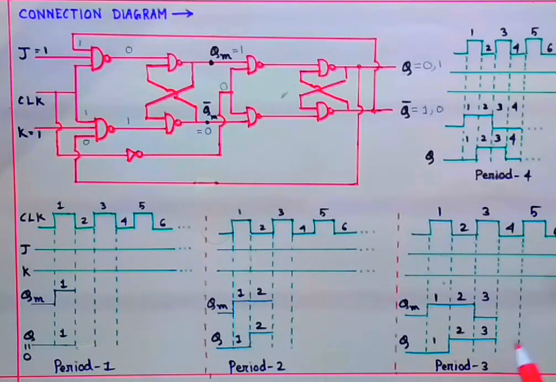Now what will happen at period 3? Again, during this time we have to consider the data of the previous period, that means period 2. For period 2, QM was 1 and also Q was 1. Now we have to examine the value of QM and Q at period 3.